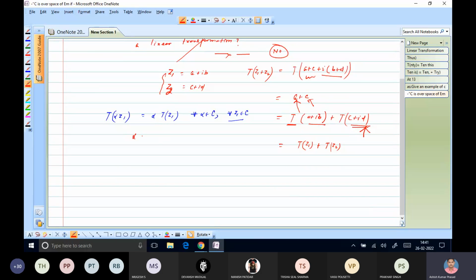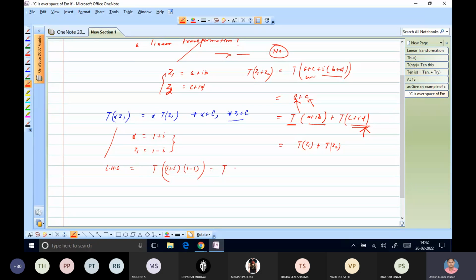So let us take alpha equal to 1 plus I, and Z1 I will take as 1 minus I. Complex conjugate numbers. So let us calculate the LHS. This is T image of alpha Z1. Alpha is 1 plus I, Z1 is 1 minus I. When I multiply, 1 square minus I square, so 1 minus minus 1, 1 plus 1, 2.